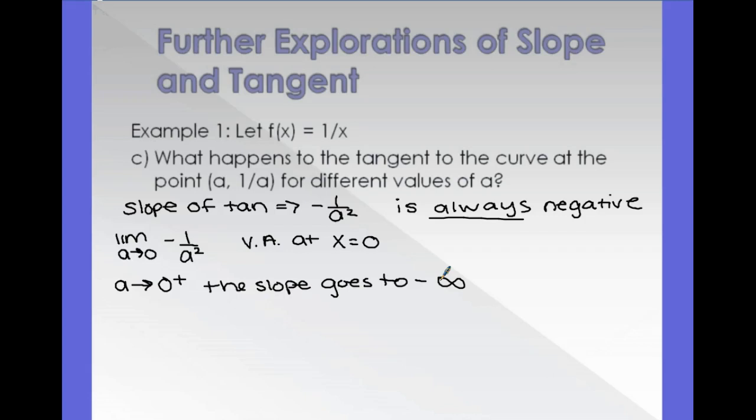So the tangent will become increasingly steep. So what that means is this line is super steep. And we can say the same as a goes to 0 from the left. The slope is going to get really, really horizontal as well.